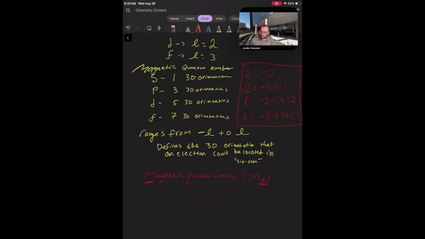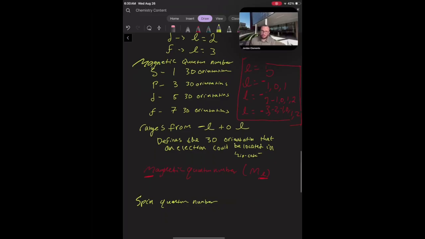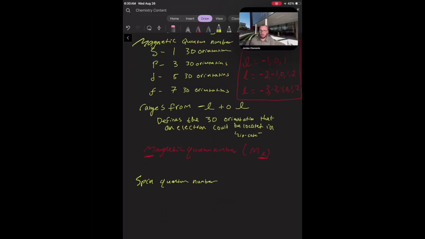And then lastly, we have our spin quantum number. And this is defining the electron spin, which could be only up or down.